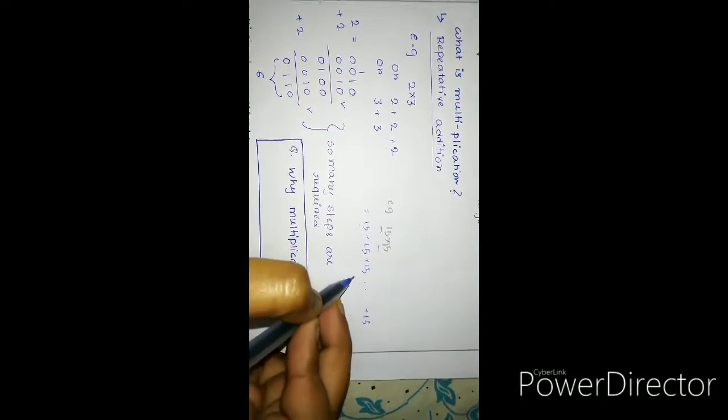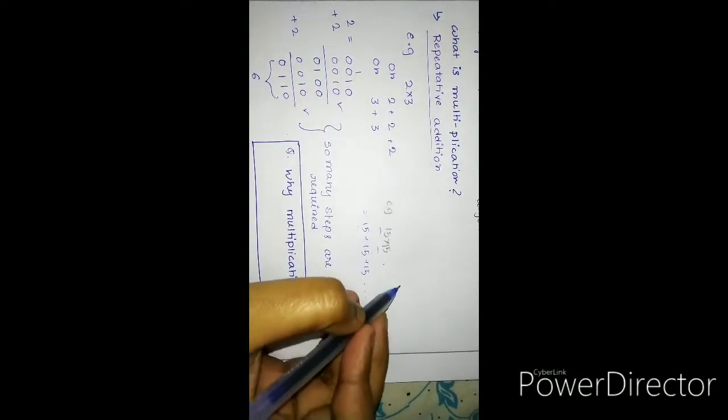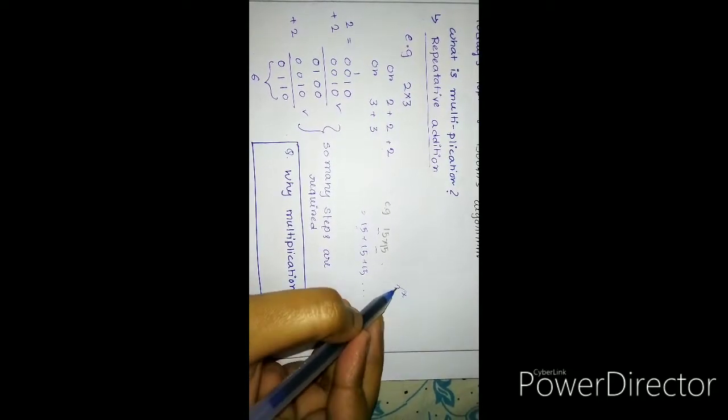So just to do this small operation, so many steps are required, and it also increases your time. When you learn algorithms properly, you will understand that the time required for this grows in an exponential form.